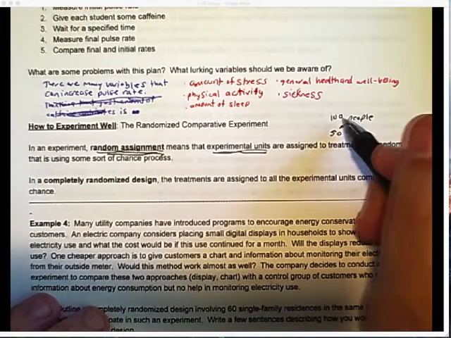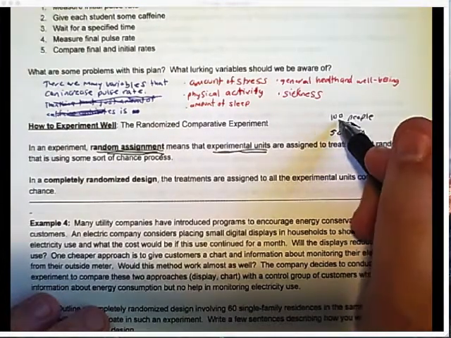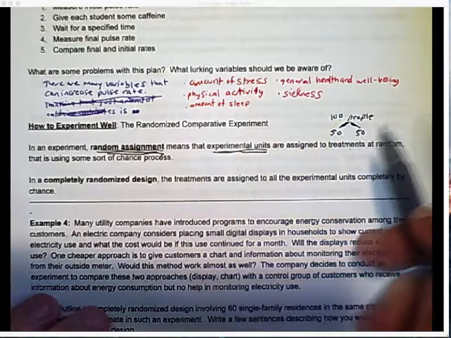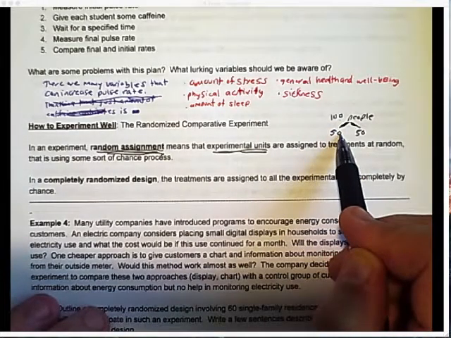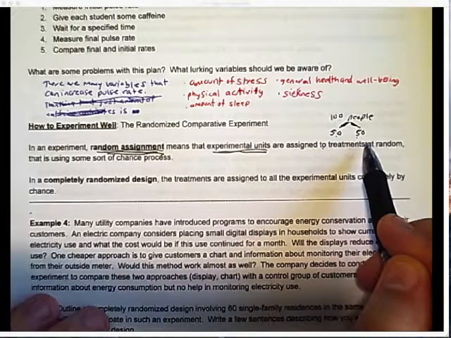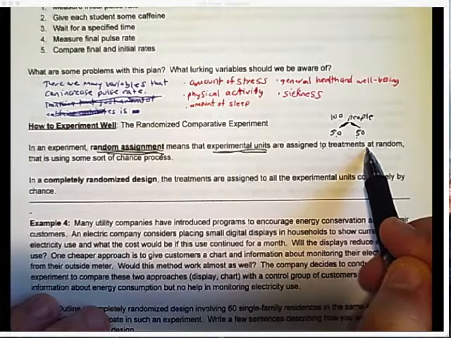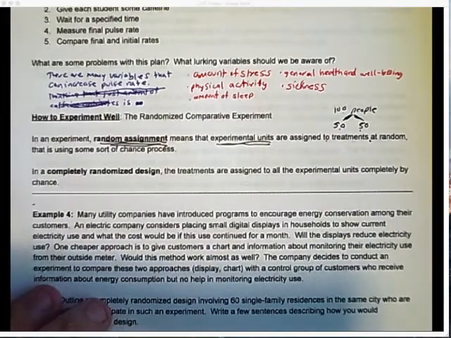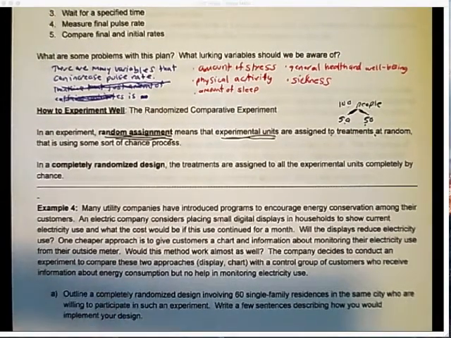So after you have your 100 people that are going to be part of the experiment, 50 have to be randomly assigned to get some medication, and 50 have to be randomly assigned to get the other medication or the placebo or control. That's called random assignment.